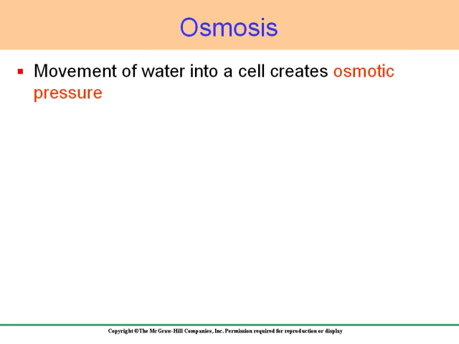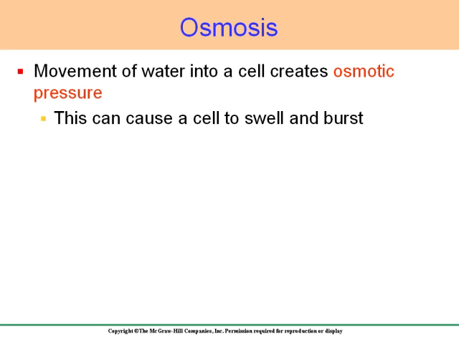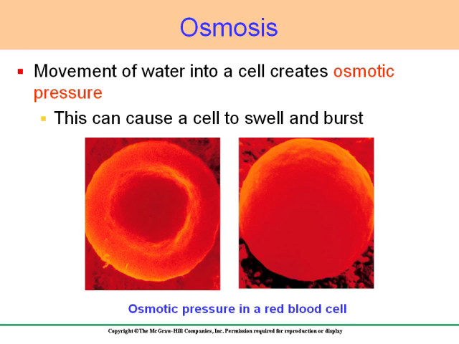Now, movement of water into a cell can create something called osmotic pressure. This can ultimately cause a cell to swell and burst. Here we have the same cell under different osmotic pressures. Number 1, the cell on the left is a typical red blood cell. This red blood cell has a typical donut shape.